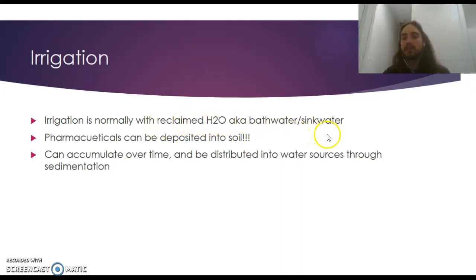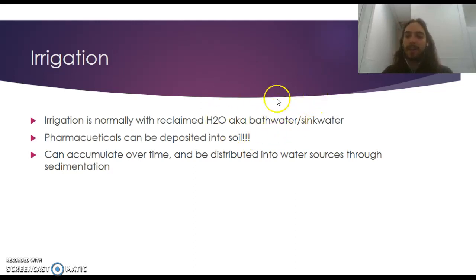So if you put a bunch of pharmaceuticals into the sink, that's going to go into the reclaimed water that we're using for irrigation, and it's going to be deposited into the soil. So do not put your pharmaceuticals in the sink. Throw them away at normal facilities that are used for that. We have facilities that take pharmaceuticals in. So do your research. Don't pour them down the sink.